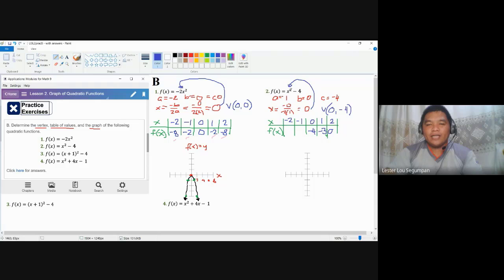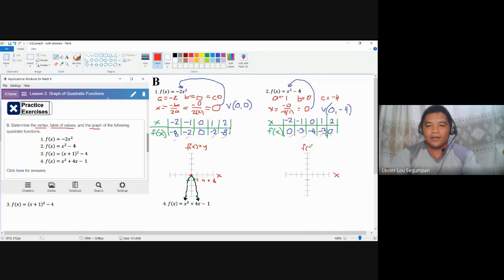If we substitute negative 1, the square of negative 1 is 1 minus 4, that's negative 3. As for negative 2, the square of it is positive 4 minus 4, so you will have 0. Since the values one step away are the same, we are assured that it's the correct table of values. And then, again, this is our x-axis.